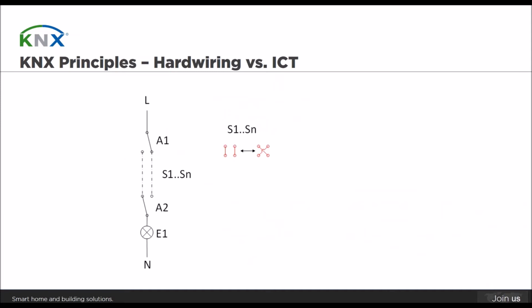Then what we see here is a step towards the alternatives, a step towards a bus system. Therefore, instead of using a hardwiring system, we will use ICT in a bus system.